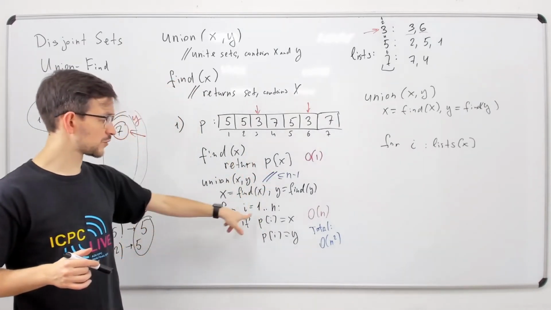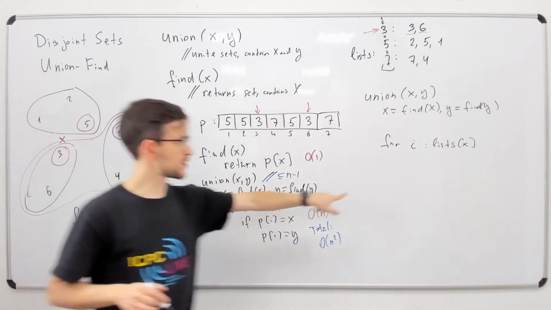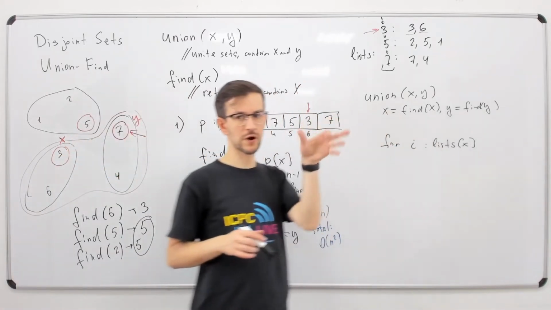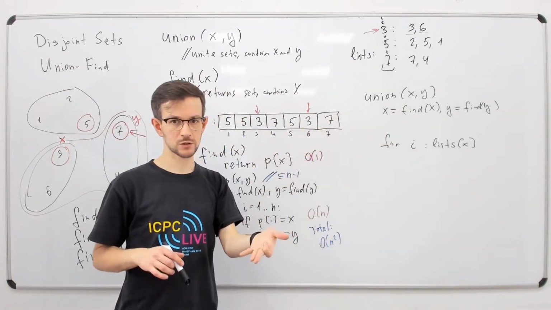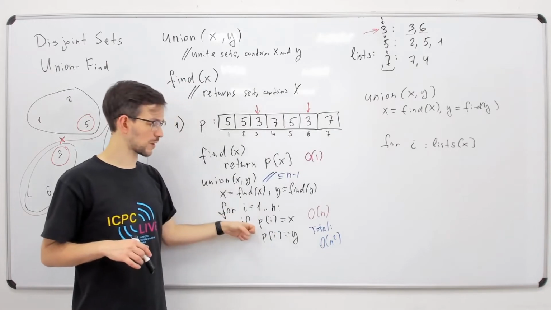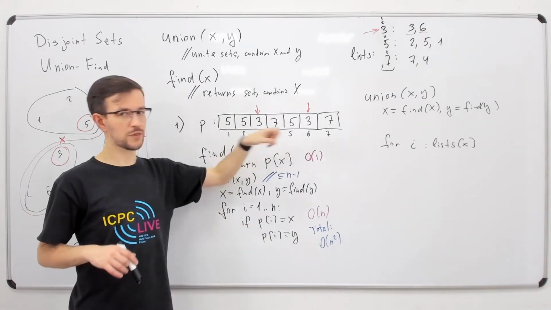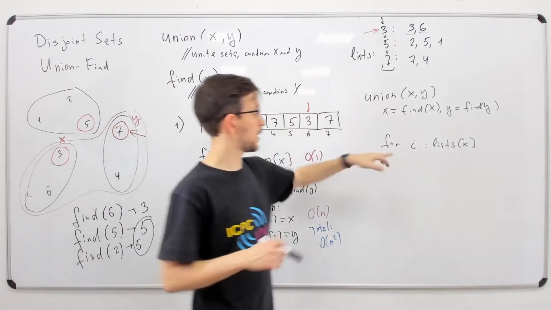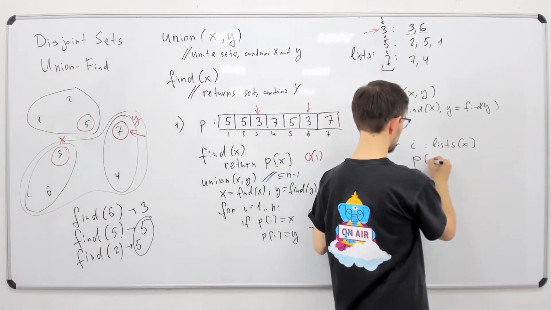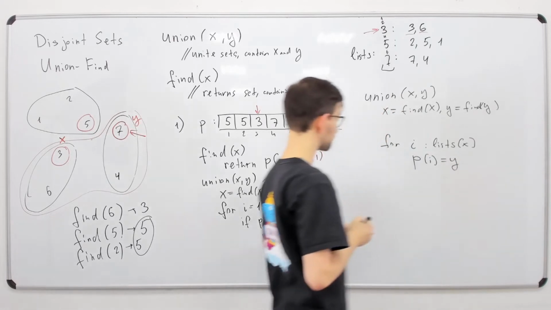Instead of iterating over all elements, we iterate only over elements with value equal to X. So we don't need to make this check. We only iterate over elements with value equal to X and just change this value to Y.